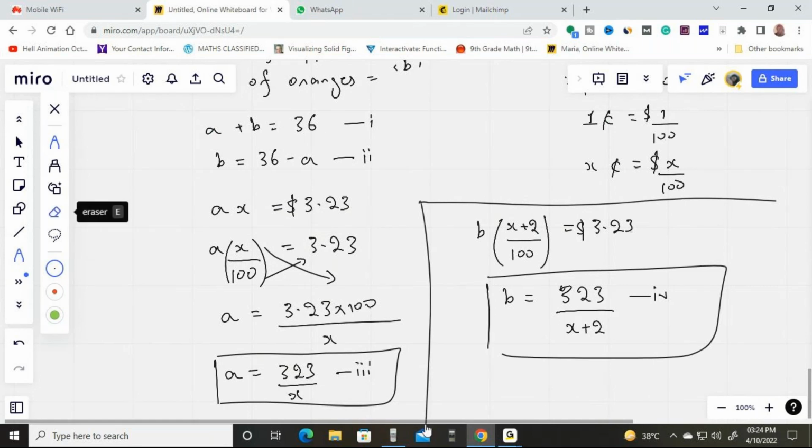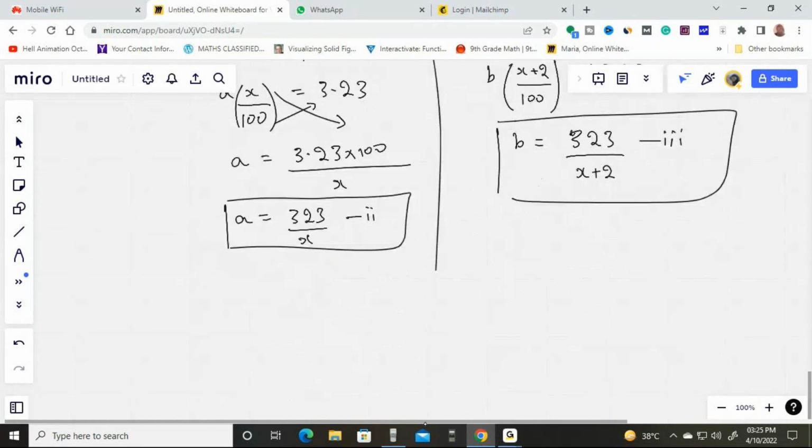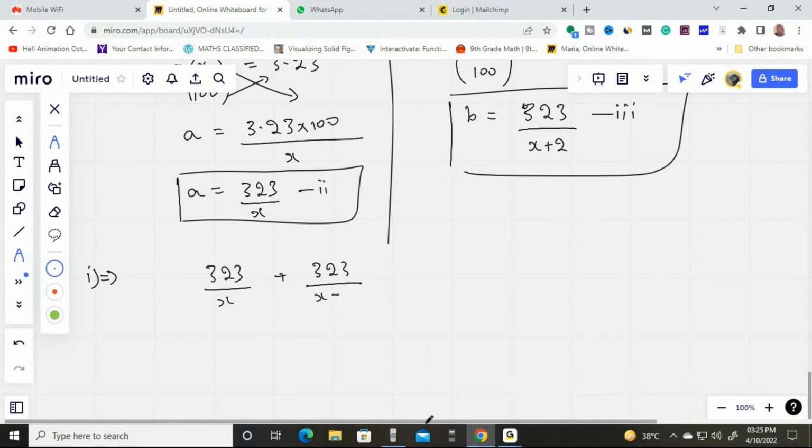Now, there's no need to form this equation. I will substitute my a and b in my equation number 1, and I will get my required equation mentioned in the question. So a plus b is equal to 36. I just give the reference of my equation. So a plus b is equal to 36. Now I can take out this 323 outside just to simplify my work.